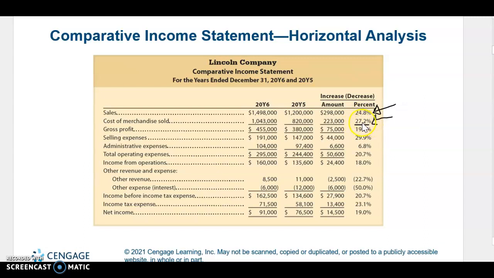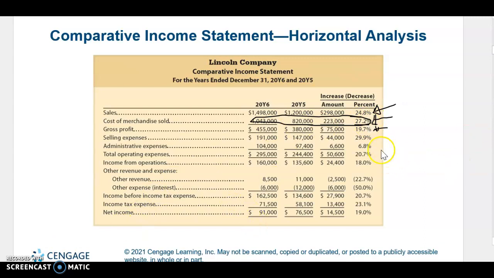But we would really need to take a look at that number because we wouldn't want that to continue to increase that much. But if you look at gross profit, gross profit did go up, and it did increase by 19.7%. So that's good. We still have a good increase. We would really have to keep a watch on this and see what's going on, because we can't continue to increase by that percent.